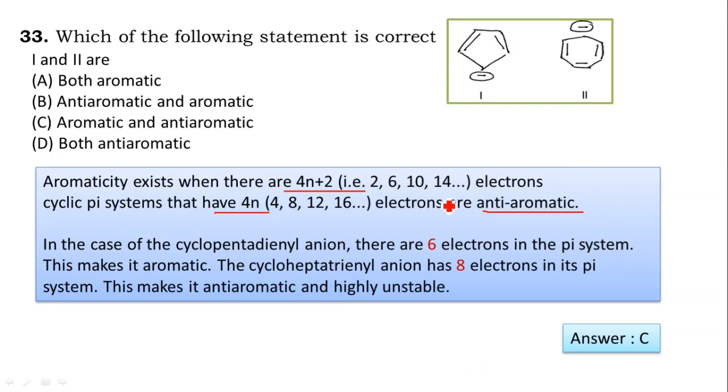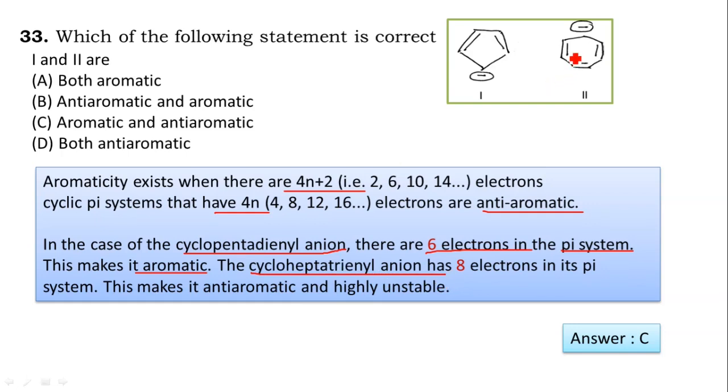In case of the first compound, it is a cyclopentadienyl anion which contains 6 electrons. This is 2, 4, 6 electrons in the pi system, hence it is an aromatic compound. You take compound 2. Compound 2 is a cycloheptatrienyl anion which contains 8 electrons.